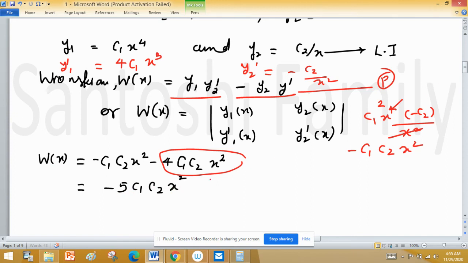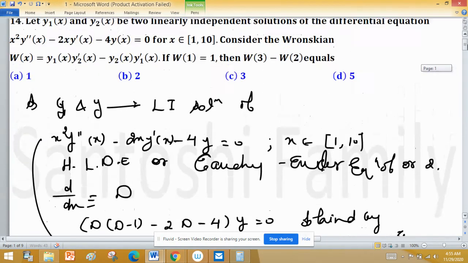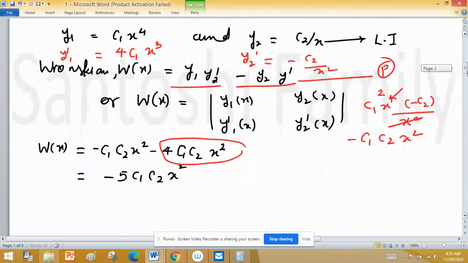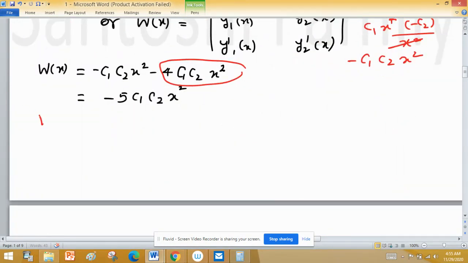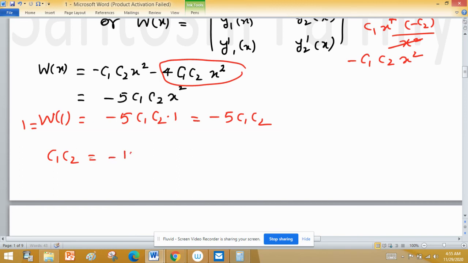Now it is given to us that W(1) = 1. So put 1 in place of x. It will be −5 c1 c2, and this is equal to 1. It means c1 c2 equals −1/5.